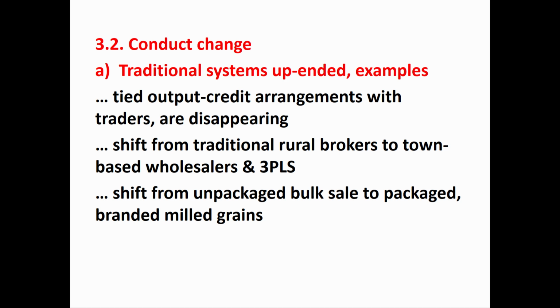And the changes that have occurred in the food systems as these have emerged have been quite striking, and I don't have time to go into the details of it, but there's a lot of assumptions about how food systems work that have been fundamentally upended. For example, everybody in every audience I'm in the world talks about tied output credit market arrangements, holding back the transformation of the food system.